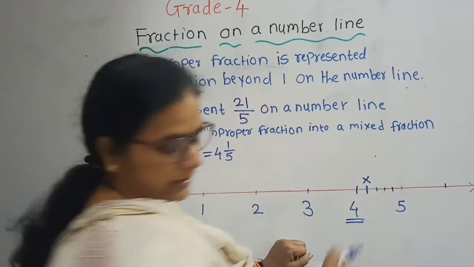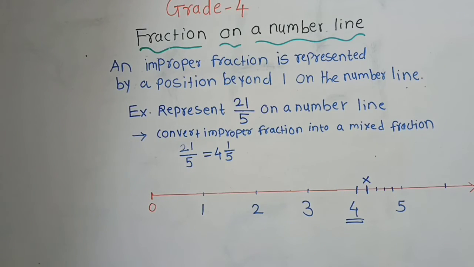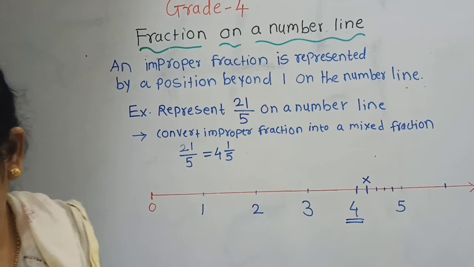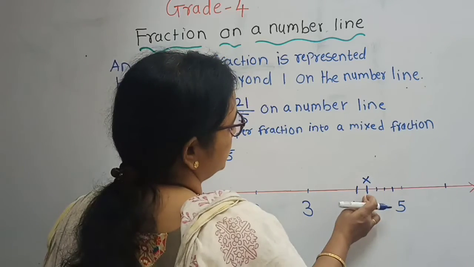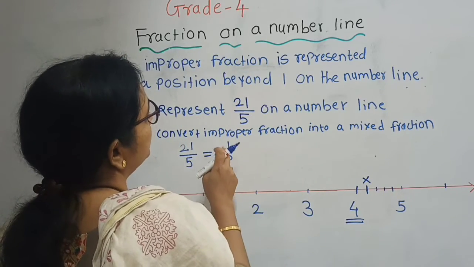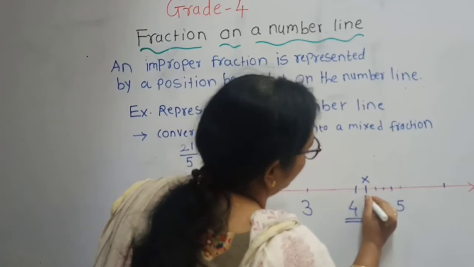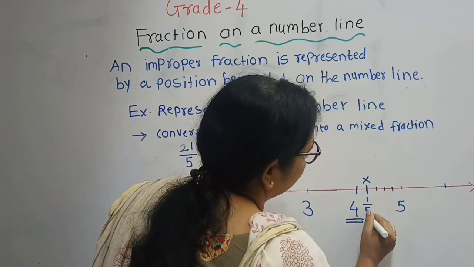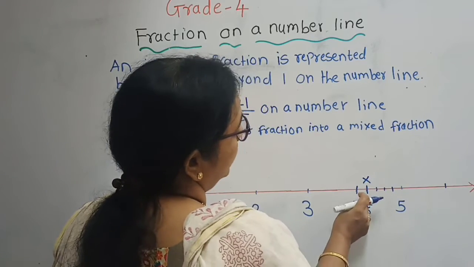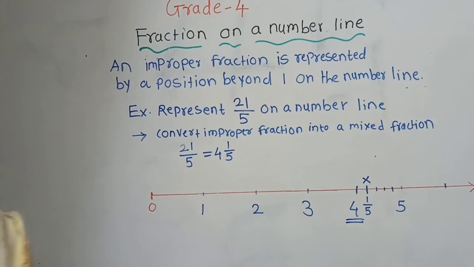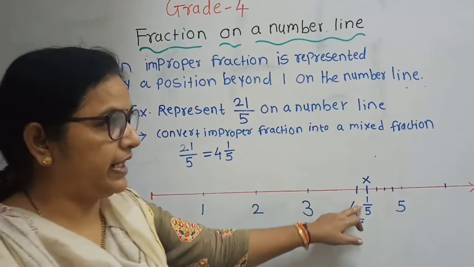Then cross out here. This cross position shows the fraction 1 upon 5. Yes children, 4 is whole and this 1 upon 5 is the fraction.